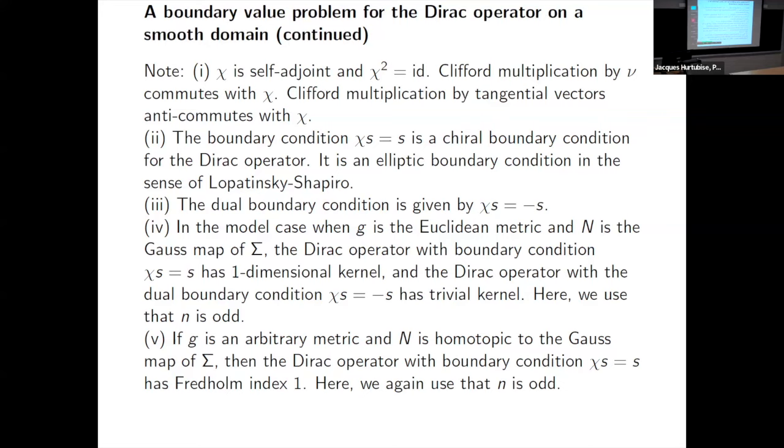The important point is, if you have an arbitrary metric and you have an arbitrary map N, then as long as it's homotopic to the Gauss map, then the Fredholm index is 1, because you can deform it to the model case. In general, the Fredholm index would have to do with the degree of the map N, and this is what you get if you use index theory.